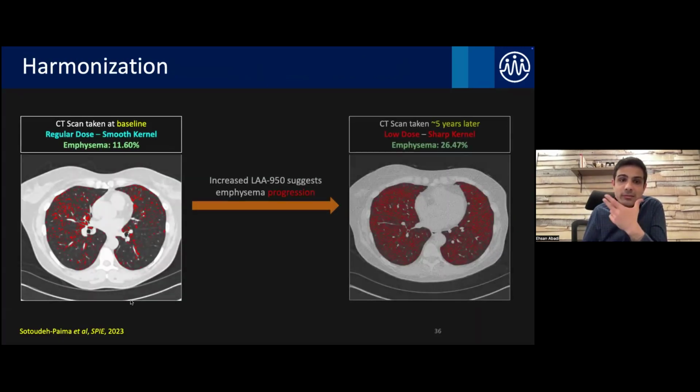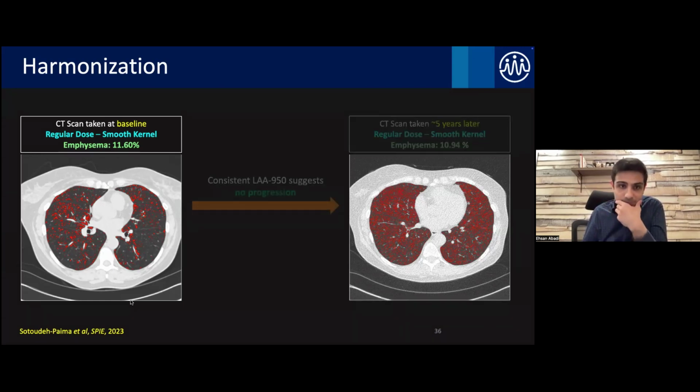Remember this example: 5 years ago, a patient was imaged. After 5 years, there's a different scanner. Can I harmonize these two images so that I can do this comparison and answer the question of whether this patient progressed or not as far as the severity of emphysema?